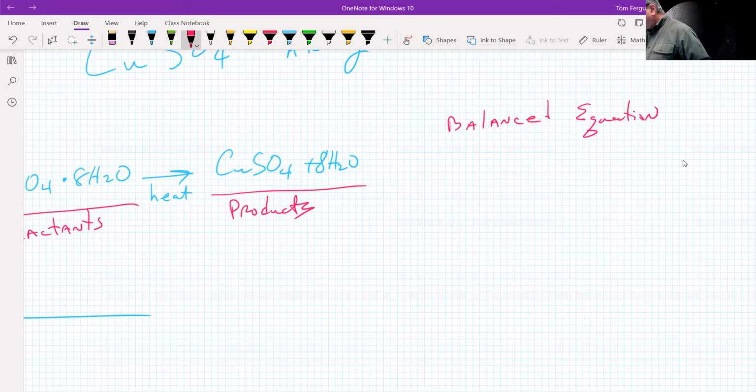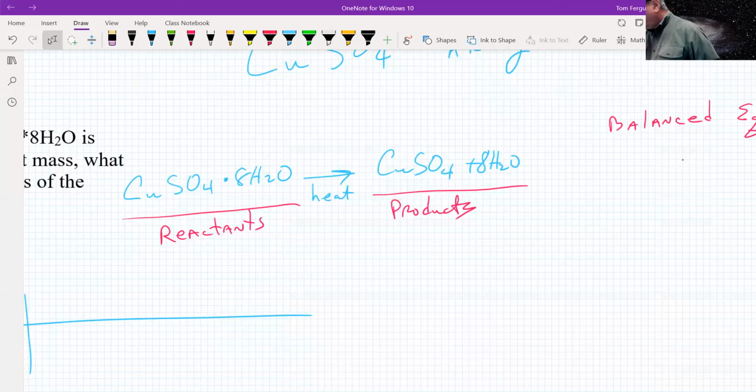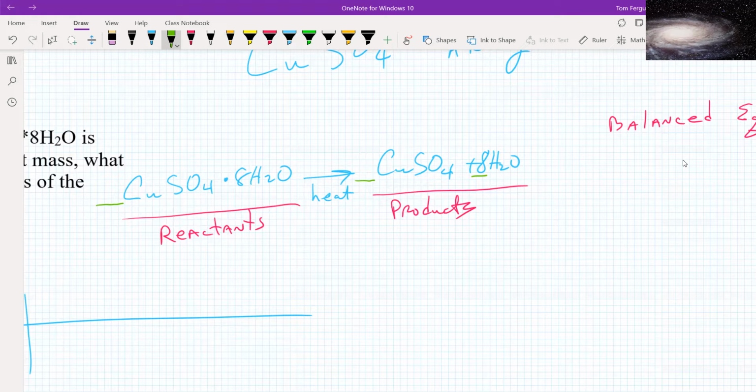From a balanced chemical equation, and we're going to have a whole bunch of material on how to balance an equation. Right now, this is already balanced. We have coefficients out front, and where the coefficient is blank, that means 1.